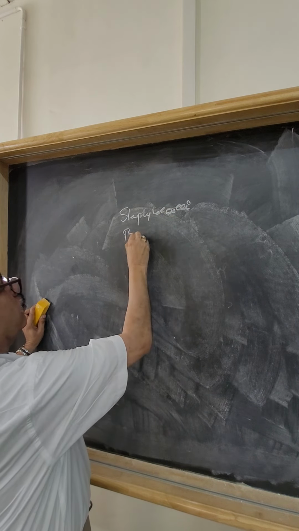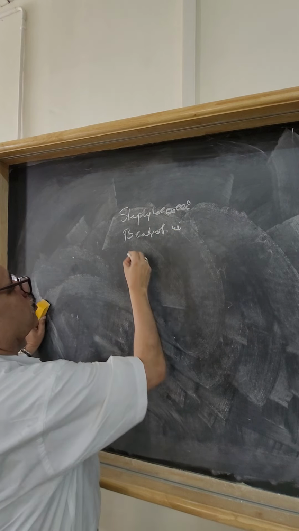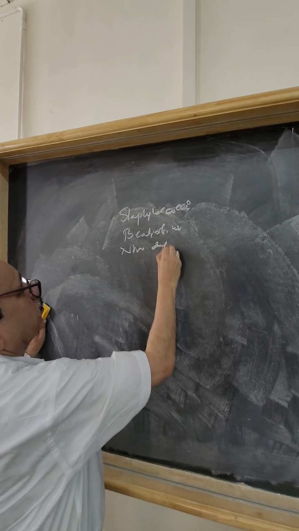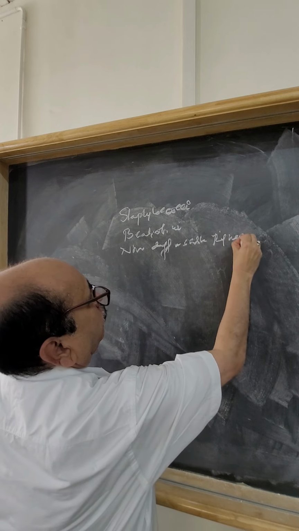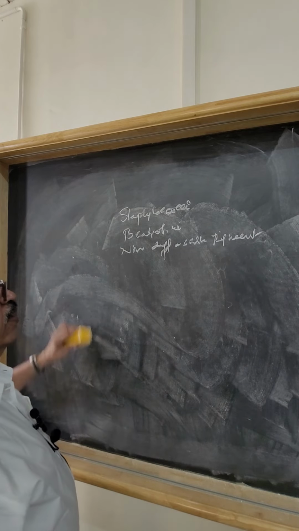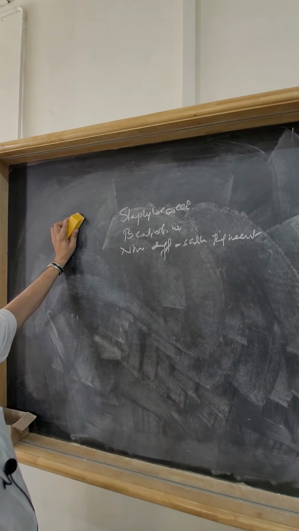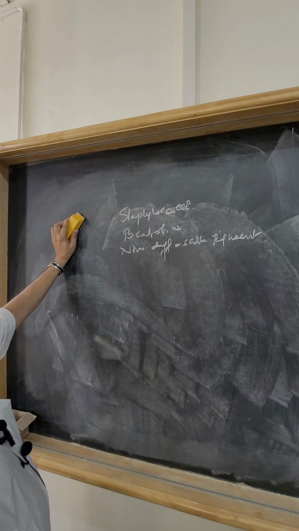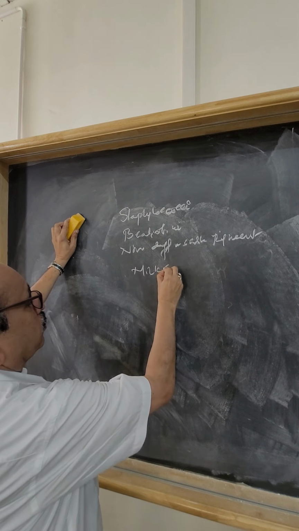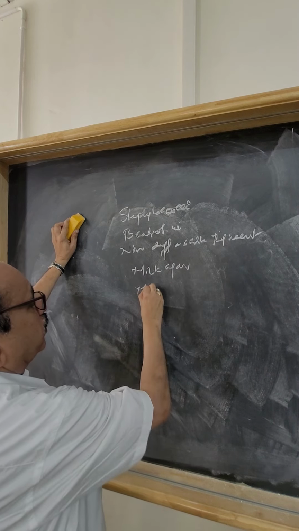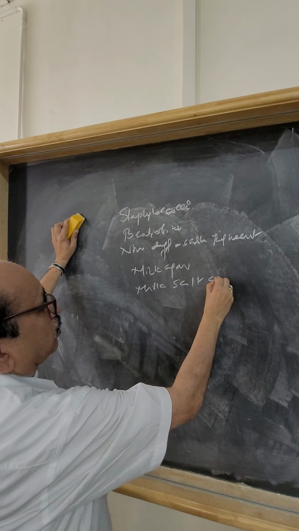Chemically they are made up of beta carotene, non-diffusible pigment, and the pigment production can be enhanced by milk agar and milk salt agar.